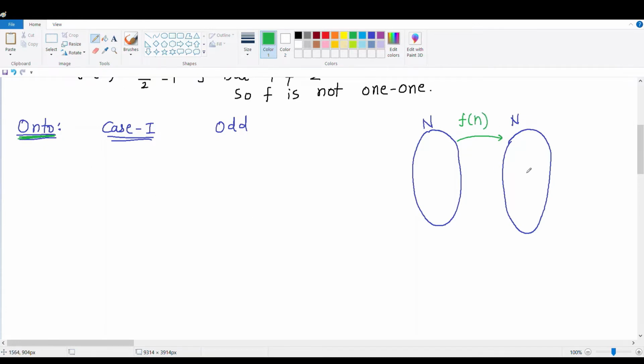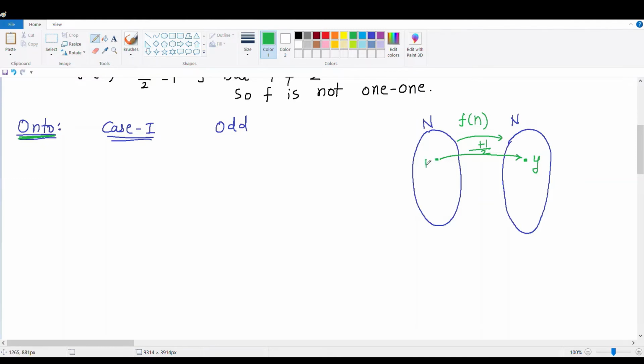So we will be able to find some value y in here such that it is connected to some x in here. And we are talking about odd right now. So if that x is odd, then (x plus 1) over 2. Or for now we can use n as well, because we don't want to change our variable. So let's keep it n.